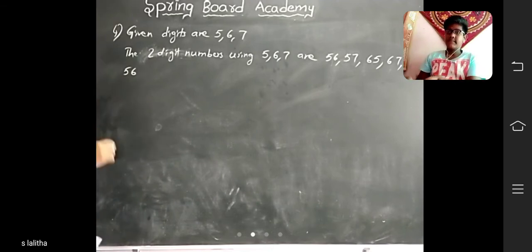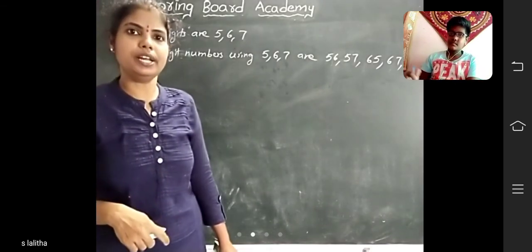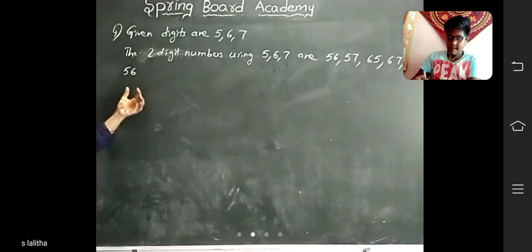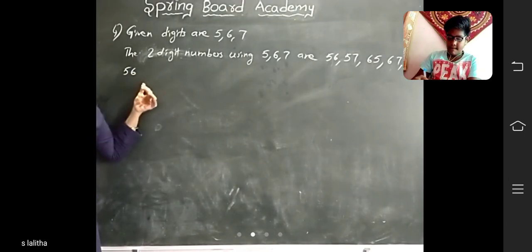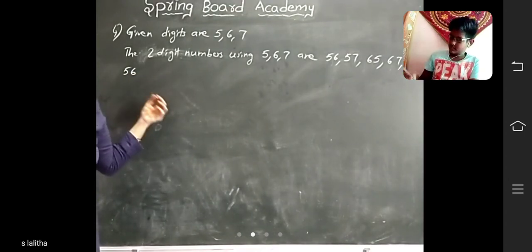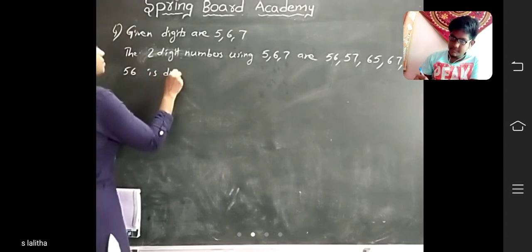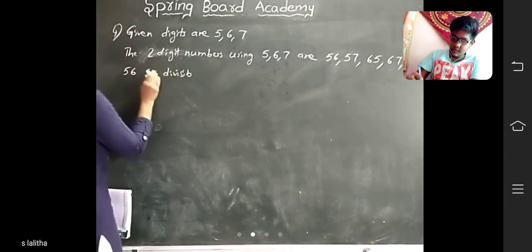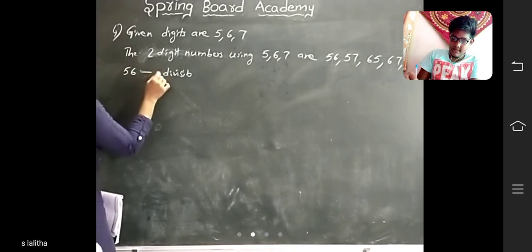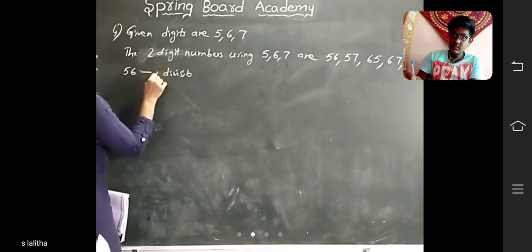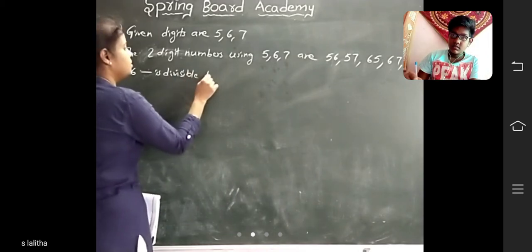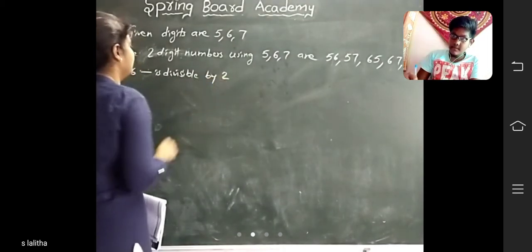So first, what is the number you are taking? 56. Is 56 divisible by 2, children? Yes. Why? Because in the ones place here it is 6. So 56 is divisible by 2.